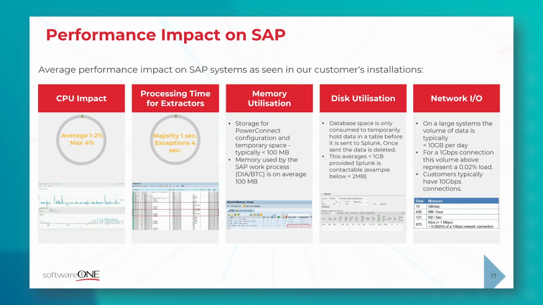So you can just dismiss this one. Disk utilization, as I mentioned, is quite low as well, since we always flush our temp table on a regular basis, and this is not a problem at all. Network might be more a hiccup on your network than a real impact, I would say.